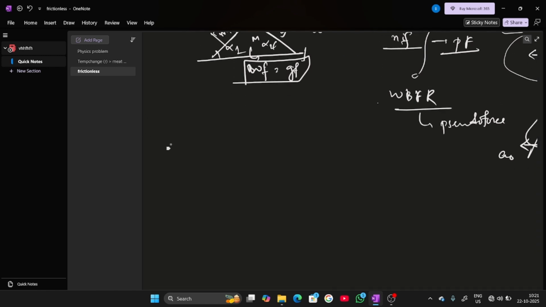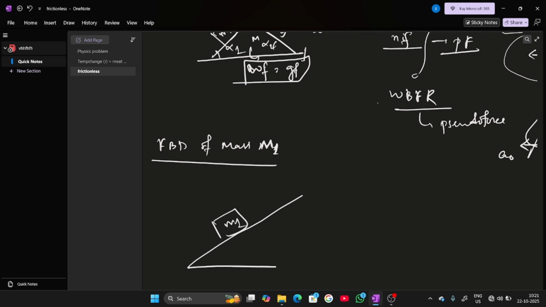So let's try with a FBD of mass M1. Here is the mass M1 resting on the incline. This is the angle alpha 1. This is M1g. This is the normal N1.